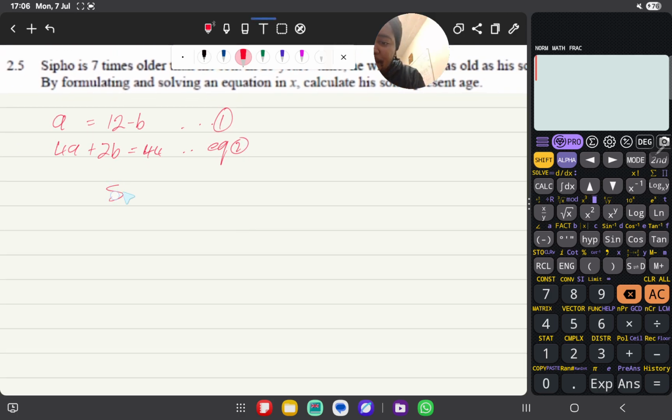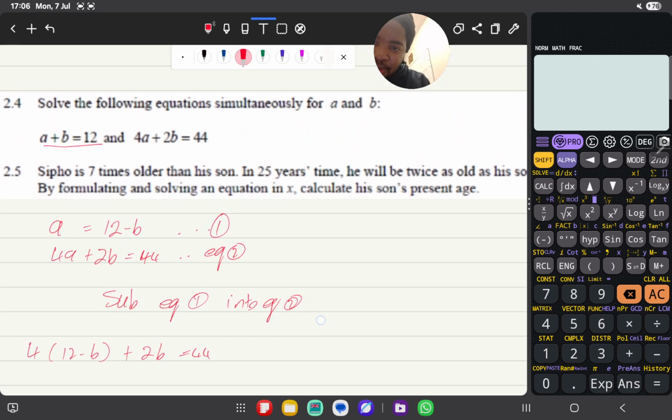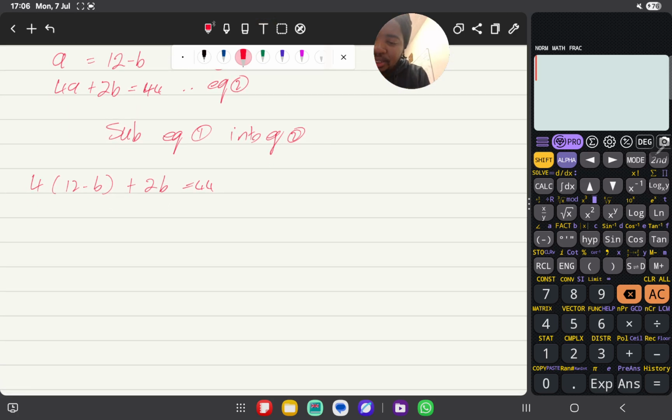And now I'm substituting equation 1 into equation 2. If I do that, I have 4 times (12 minus b) plus 2b equals 44. I do my math, that is 48 minus 4b plus 2b equals 44.